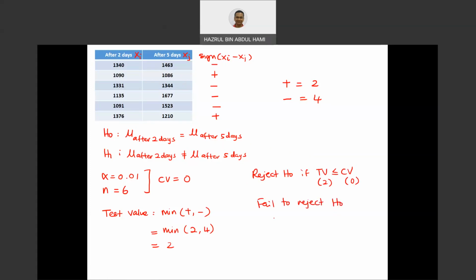Now you have to make the conclusion. At alpha 0.01, we fail to reject H0.